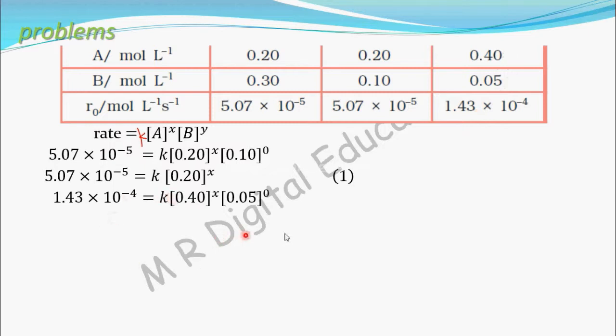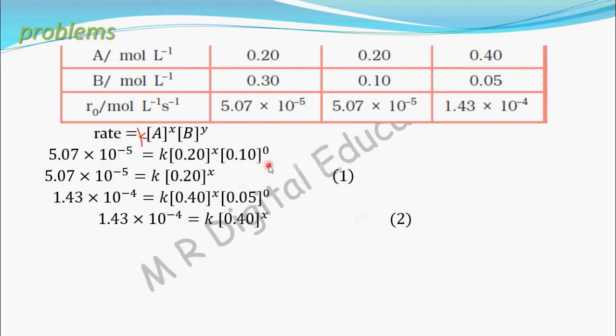Keep k as it is, and concentration of reactant A is 0.40 to the power x, and concentration of reactant B is 0.05 to the power 0, because we just now found out order with respect to B is 0. Now this term will become equal to 1. So what remains? 1.43 into 10 to the power minus 4 equal to k into 0.40 to the power x. Call this equation 2.